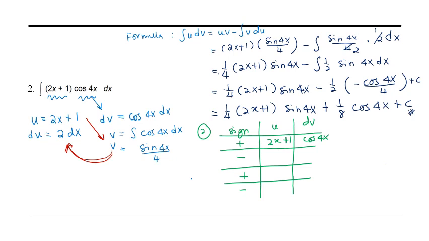Okay, differentiate 2x plus 1 becomes 2, differentiate 2 becomes 0. Integrate cos 4x, so it becomes sin 4x over 4. Integrate sin 4x over 4, I put 1 over 4 at the front, integrate sin 4x becomes negative cos.